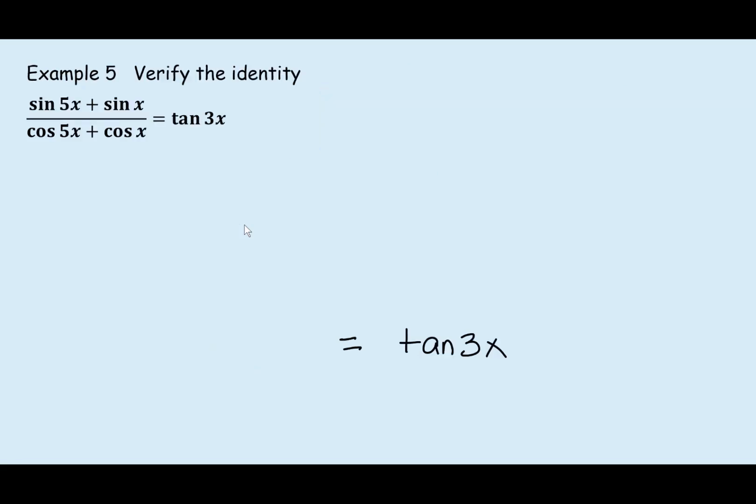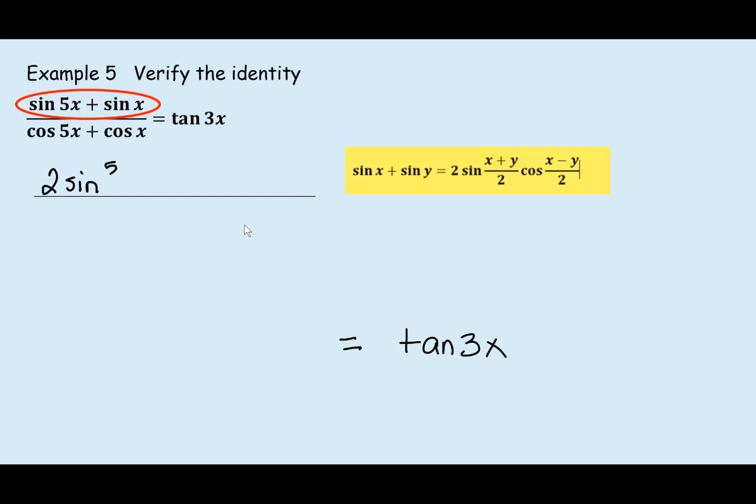All right, we want to verify this identity, and so we're going to just use these sum to product formulas for sine and cosine. So sine 5x plus sine x, we're going to use this sum to product formula and plug it in. So we're going to have on top of this fraction that we're starting with, 2 sine of (5x plus x) over 2, cosine of (5x minus x) over 2.